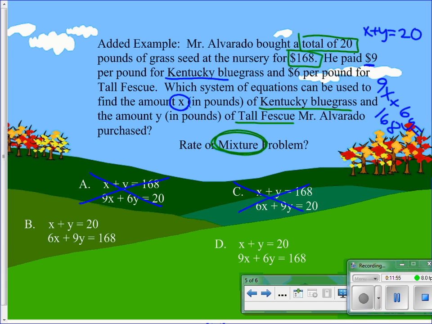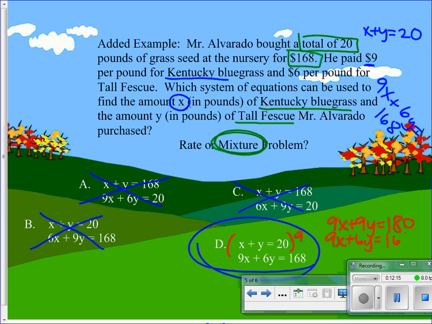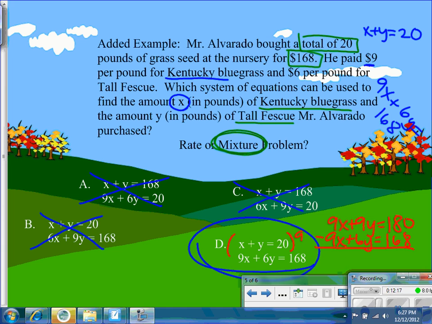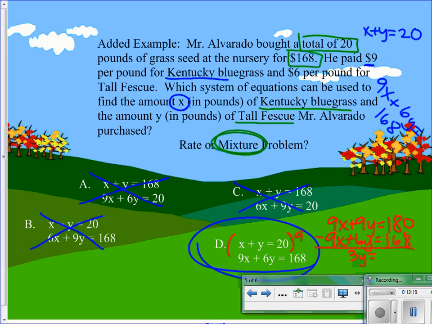And 9x, 6y would be letter D. And then, of course, to be able to solve this by using elimination, I would have to multiply one of these equations by something. 9x plus 9y equals 180. Subtract these, 3y equals, what is that, 12?